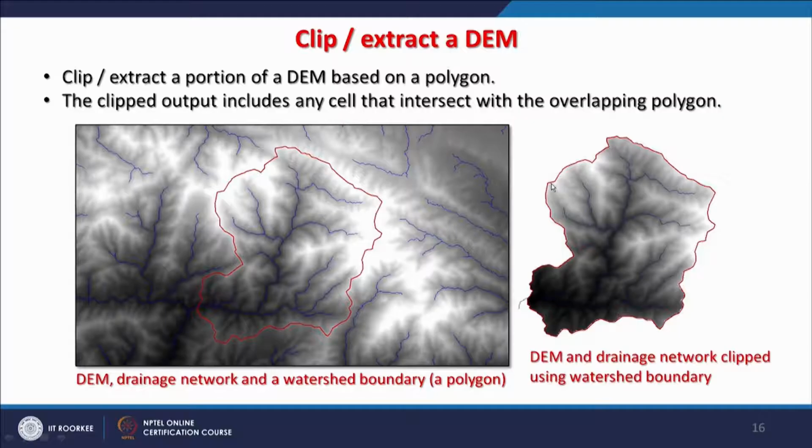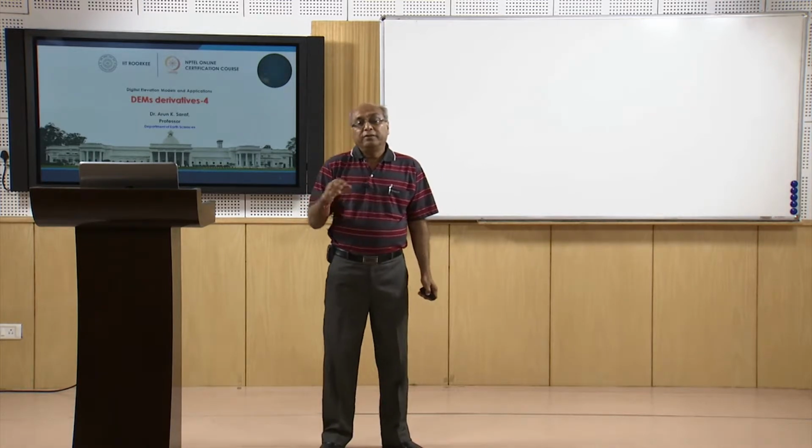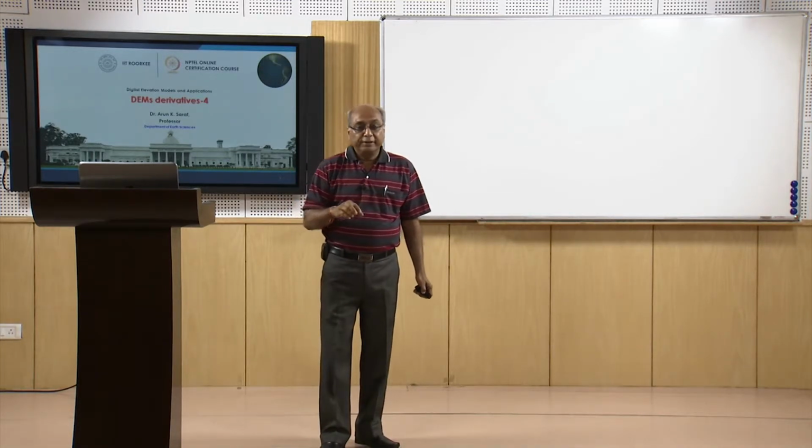So the no data helps us create digital elevation models that look as though they do not have this rectangular shape. At the boundary of these polygons, any cell of which even a part falls inside will come as part of the subset digital elevation model.